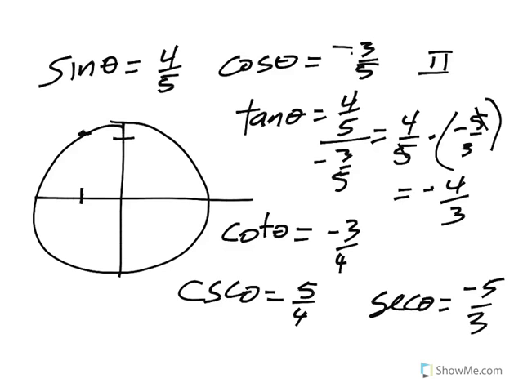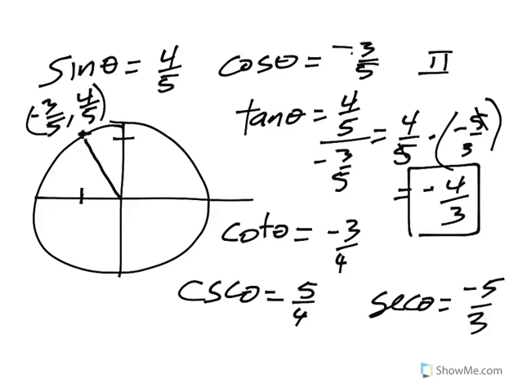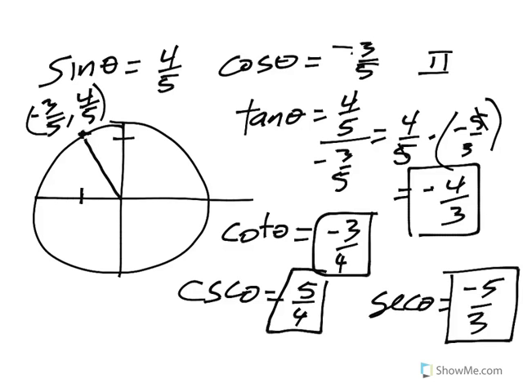Since we're in quadrant 2, the cosine was negative. And then use the identities to get the other trig values, the tangent, cotangent, cosecant, and secant. So I'm going to do another example in another video in which I look at another way to go about this.